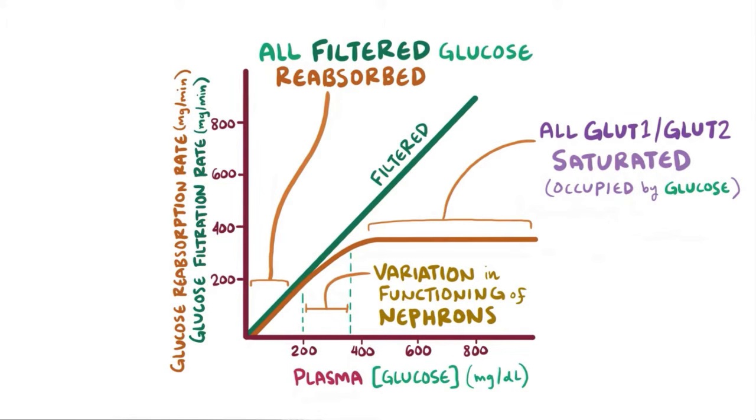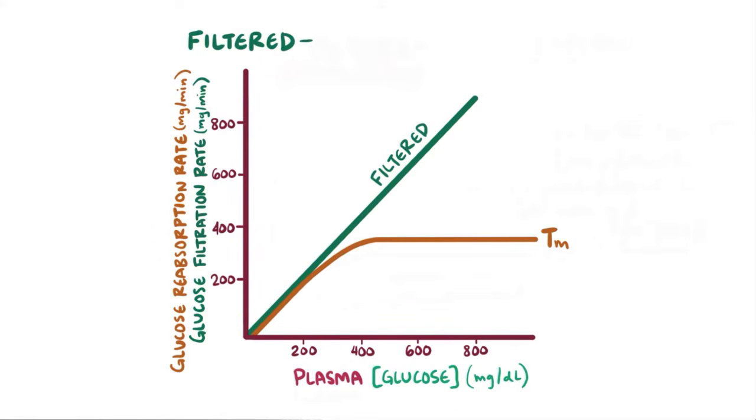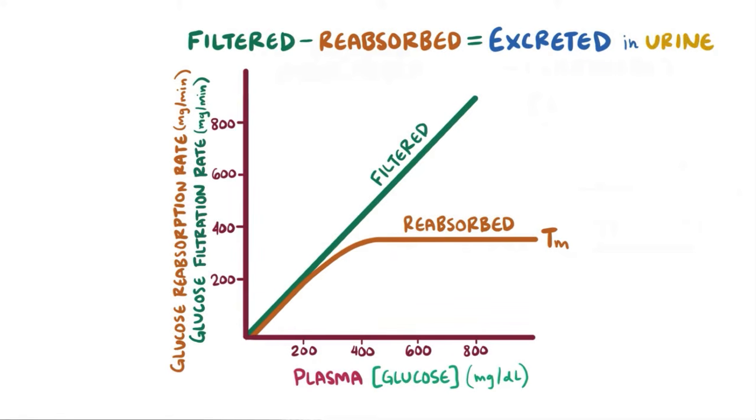So there are no more available to reabsorb the rest of the filtered glucose. This makes the reabsorption curve level out at its maximal point, which is known as the TM, or transport maximum. It also means that the excess glucose, which is the filtered glucose minus the reabsorbed glucose, gets excreted in the urine. The point at which this starts happening is called threshold.